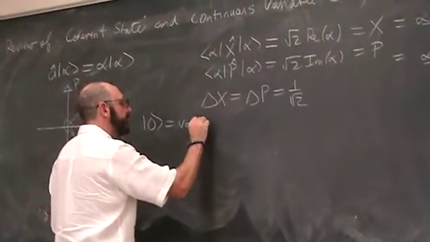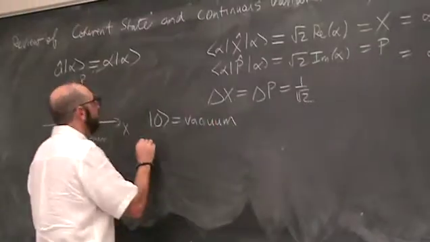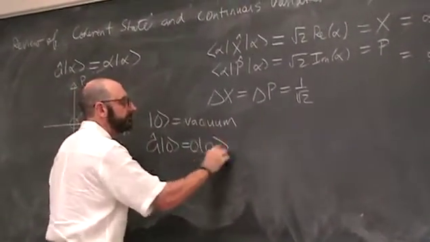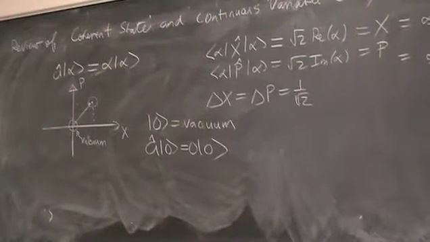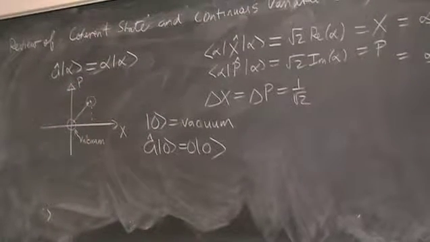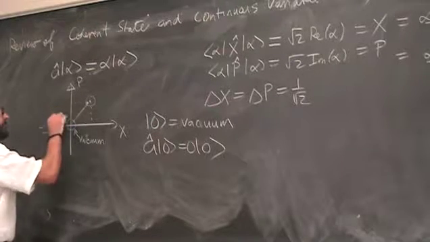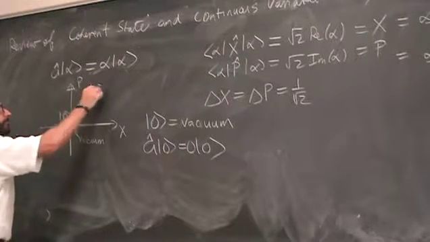The state of the field with no photons is an eigenstate of the annihilation operator with eigenvalue 0. It is a coherent state as well, but with 0 amplitude. So this is 0, and this is alpha.